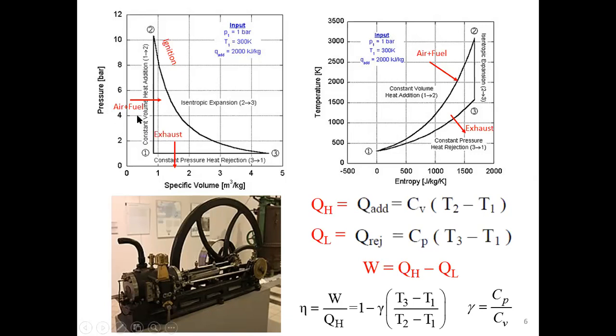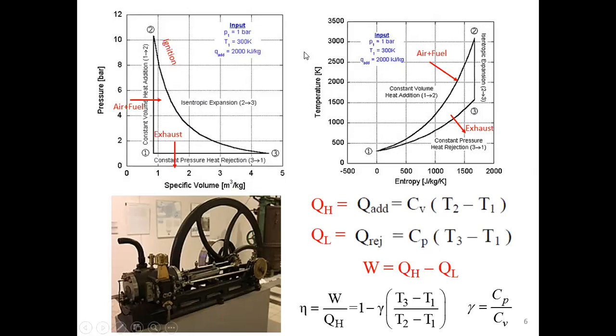So we provide the air and fuel mixture at constant volume here, and the ignition happens. Then the expansion follows, which is the isentropic expansion. After finishing the expansion, we have a constant pressure heat rejection, where we release the exhaust out here, and then we refill the air-fuel mixture and ignite in order to create the combustion, and then the expansion happens, and then we release the exhaust again here. So this is the PV diagram.